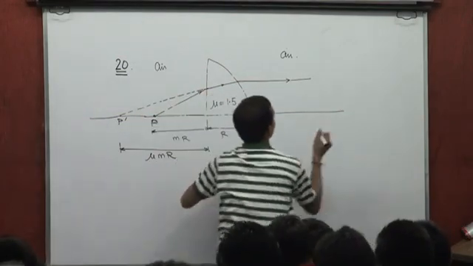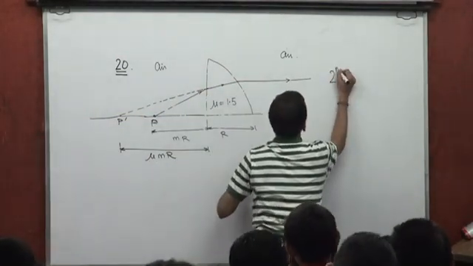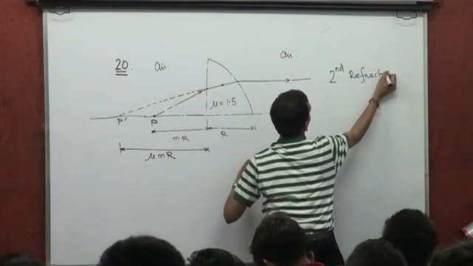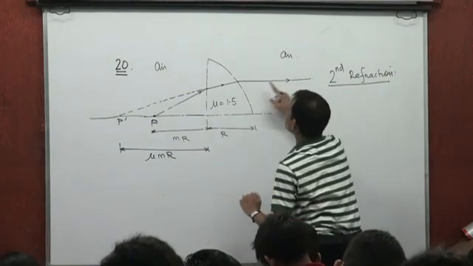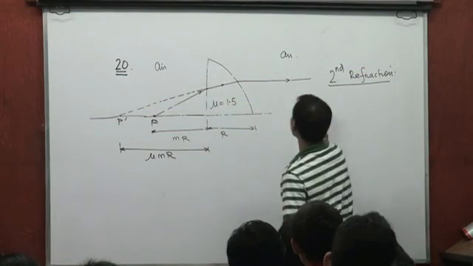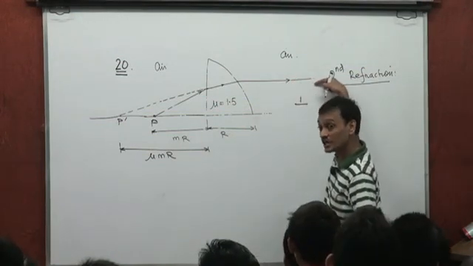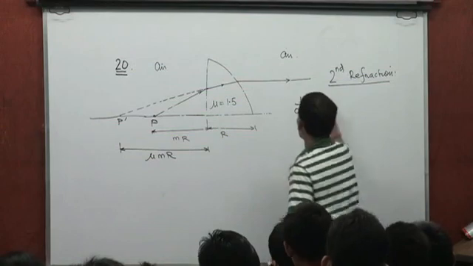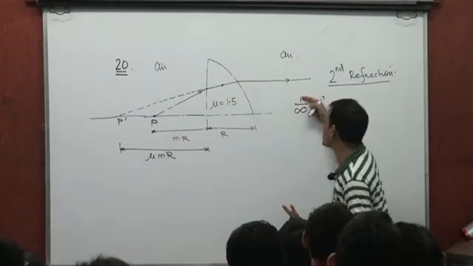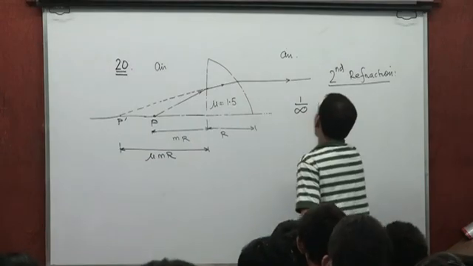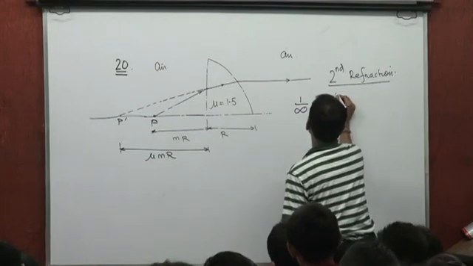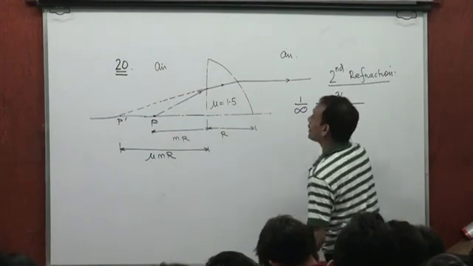So then, second refraction: image space refractive index, which is 1, by image distance. Image distance is infinity, right? It's inappropriate to write like this, but for the sake of understanding. Image space refractive index by image distance minus object space refractive index, which is 1.5, divided by object distance.